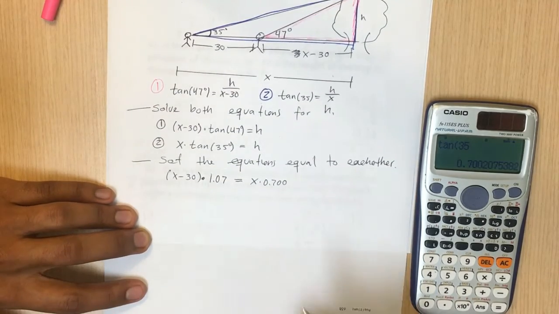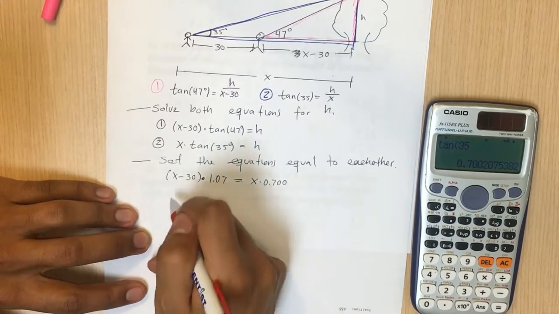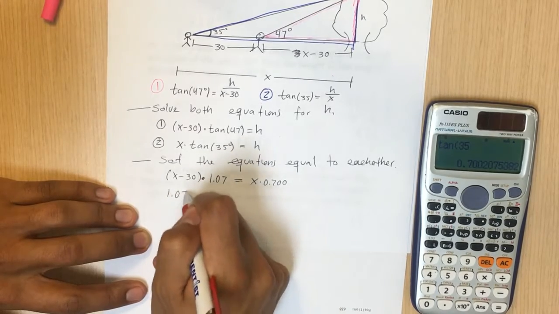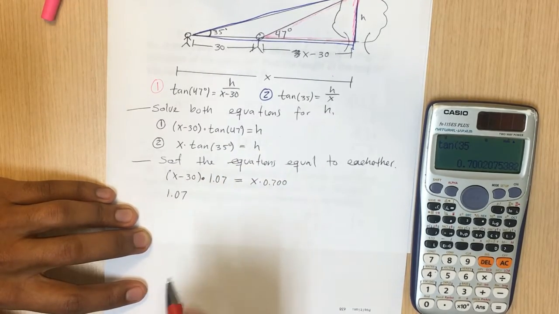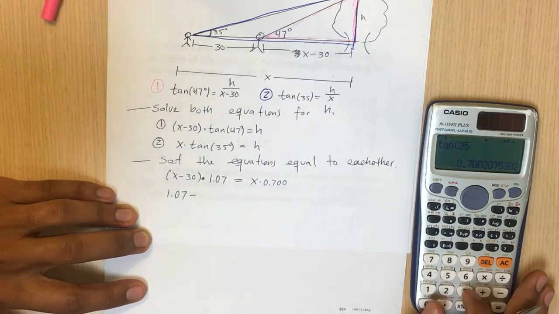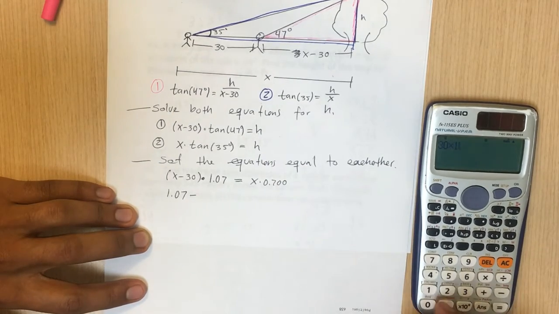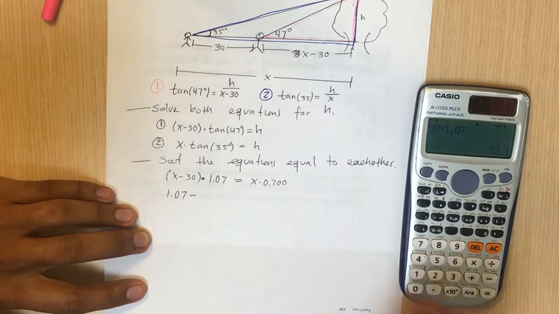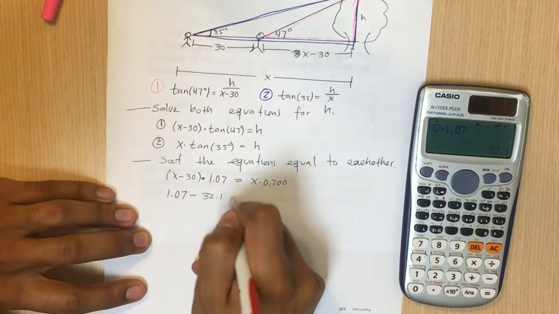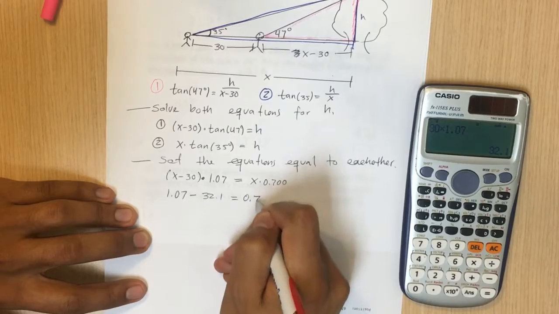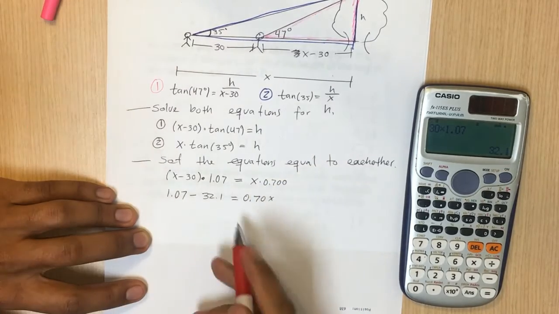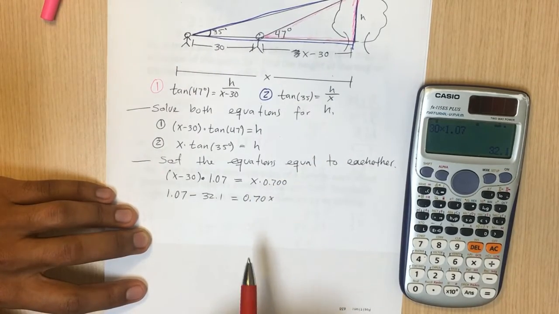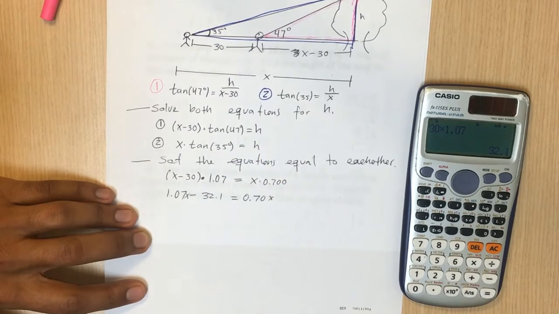All right, and I'm just using 2 sig figs or whatever. It's not a problem. So then we're just going to distribute the 1.07 into here, and then we have 30 times 1.07, which gives us 32.1, and this is equal to 0.7x, right? Oops, this one should have had an x.